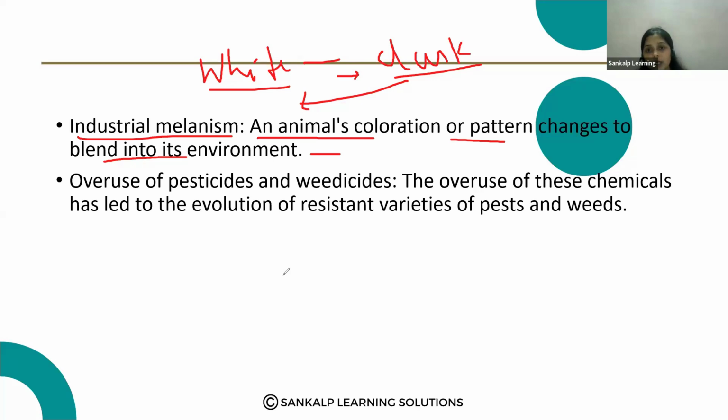So the lichens were fewer, the tree bark became dark, and against the contrasting background white moths were identified by predators, so the white moths became fewer. This is the example for industrial melanism.